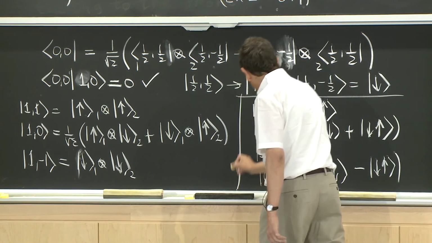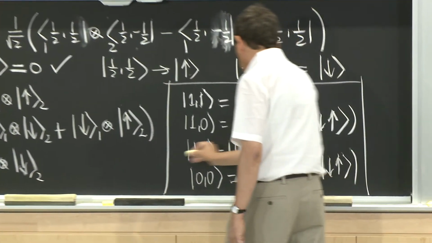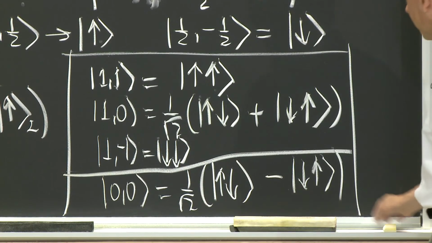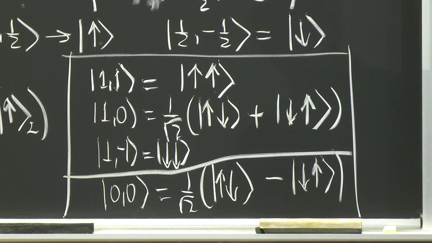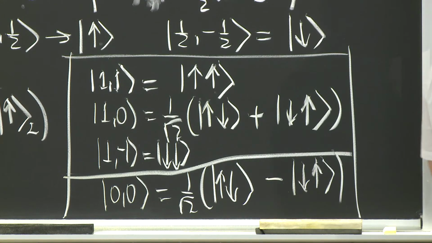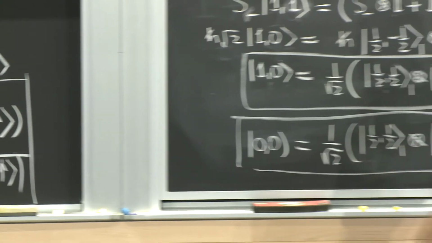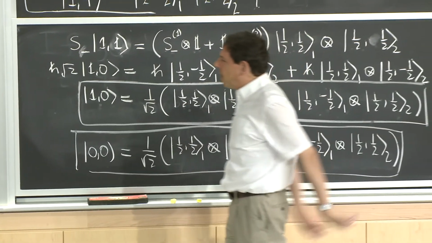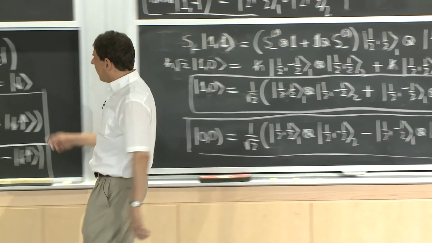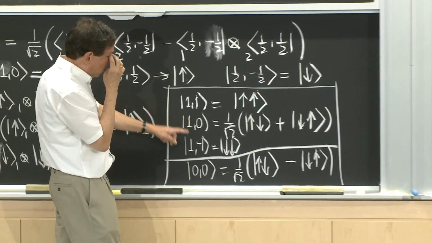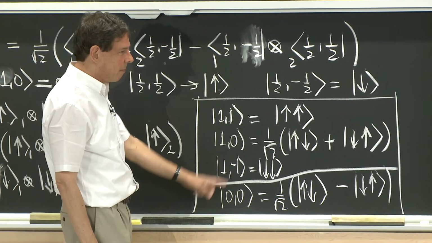So this is probably the way people remember this. It's a relatively nice notation. You do away with the tensor products and put the arrows one after the other. It's fairly self-contained. Here you see the individual spins, and here are the labels of the total angular momentum.